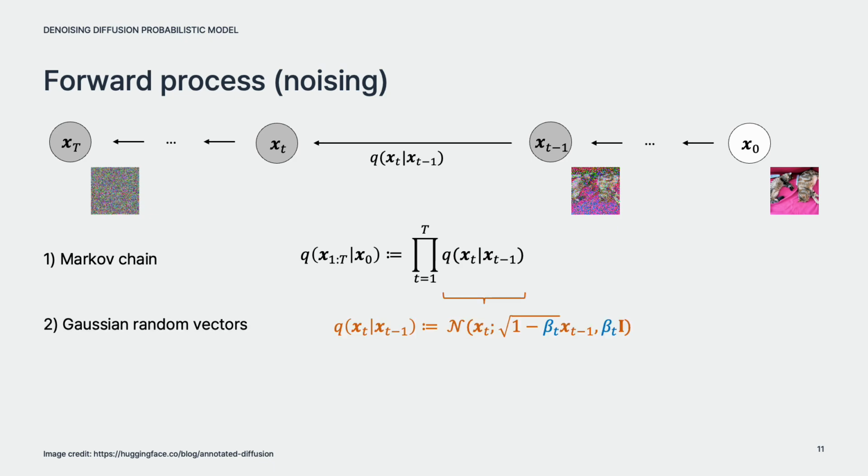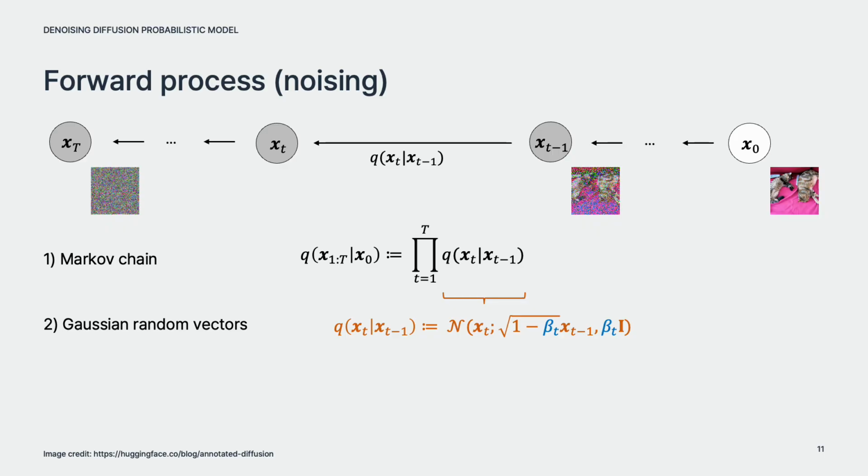The forward process, q of xt given xt minus 1, is defined by a Gaussian with mean square root of 1 minus beta t times xt minus 1 and variance beta t times identity. Notice how beta t controls the mean and the variance.